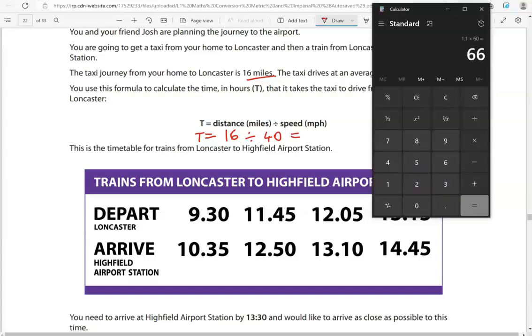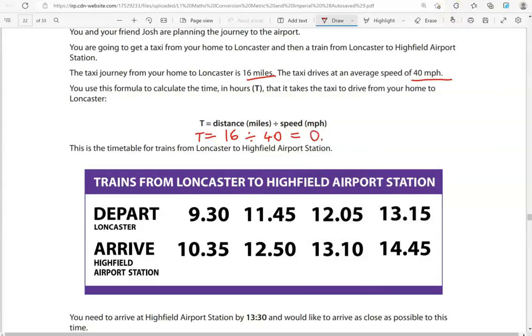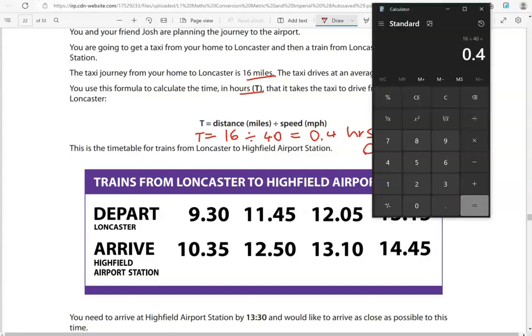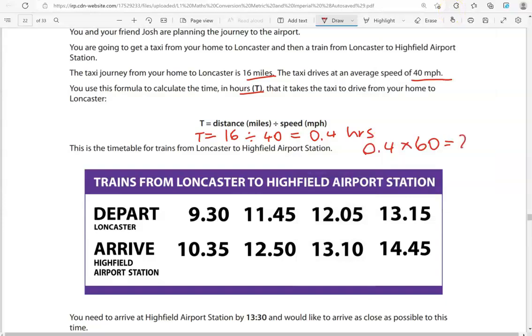So 16 divided by 40 gives us 0.4, so 0.4 hours. To work out what that is in minutes, we'll do 0.4 times 60, which is 24 minutes.